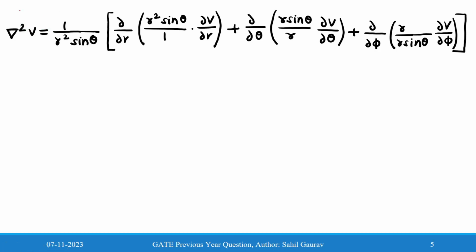So the solution for this problem is, we know that the Laplacian of a function is given like this for a spherical coordinate system, since this question has a spherical coordinate system.